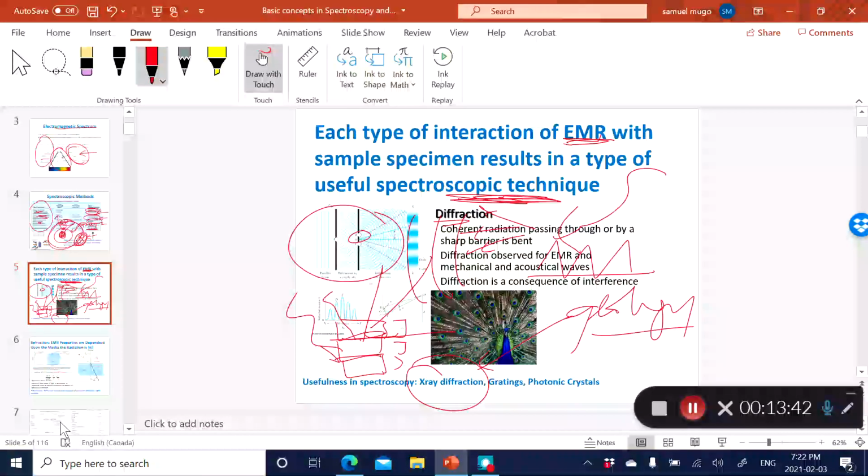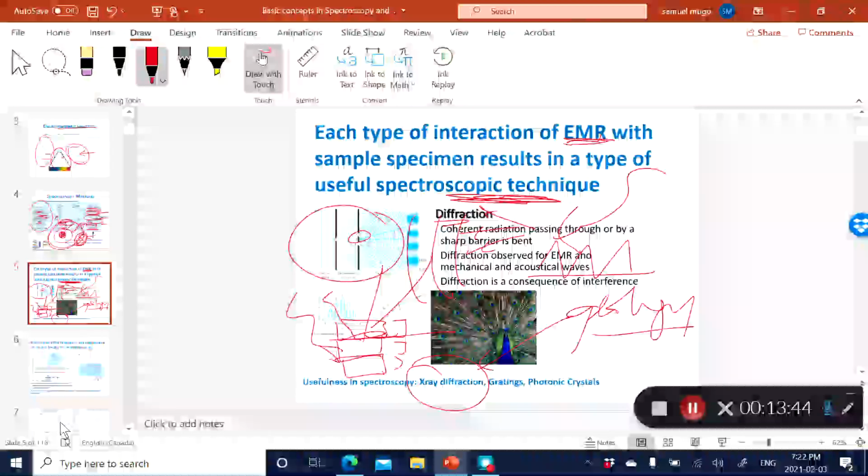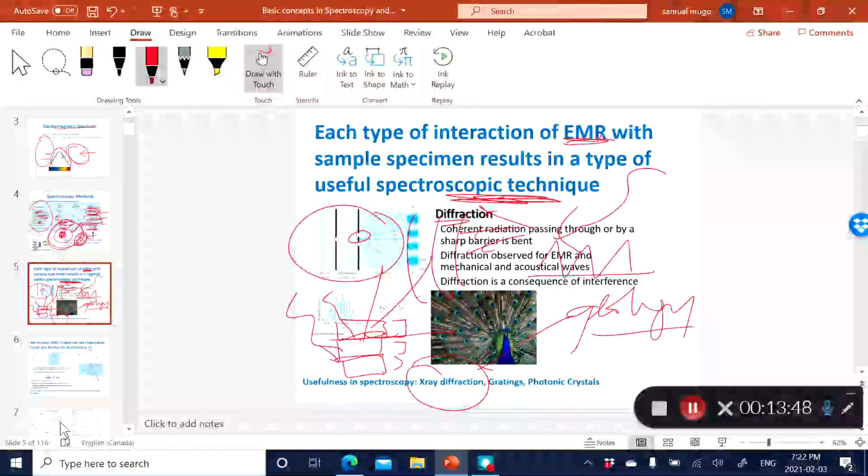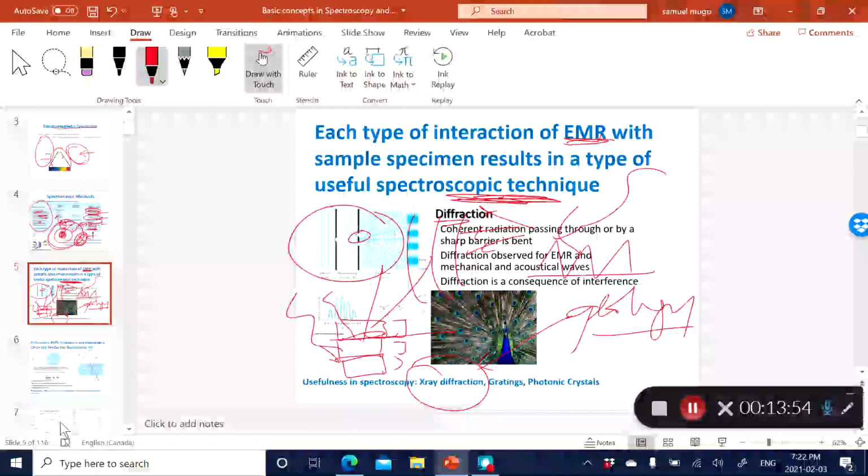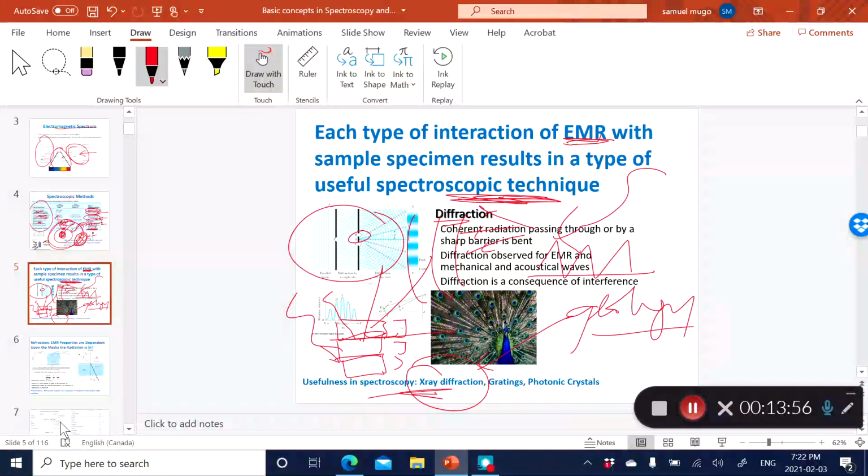And so X-ray diffraction is very, very important when you're trying to authenticate different types of crystal structures or different types of geological materials. So it's a very useful spectroscopic technique, based on that behavior of light called diffraction.